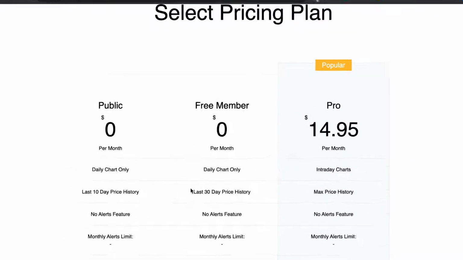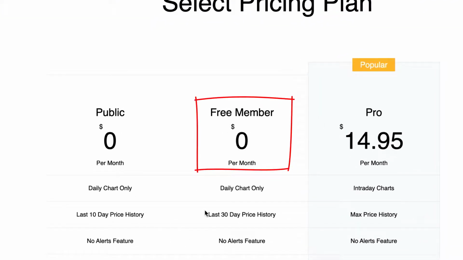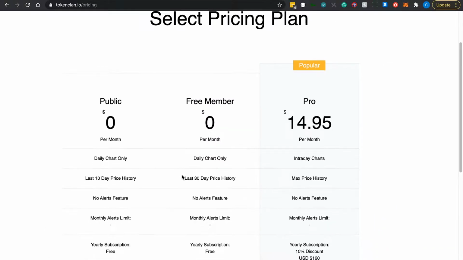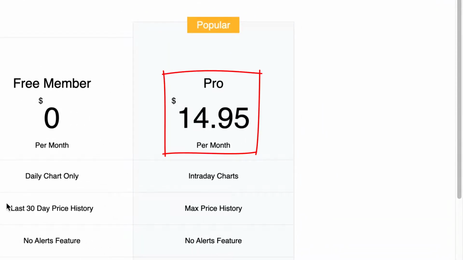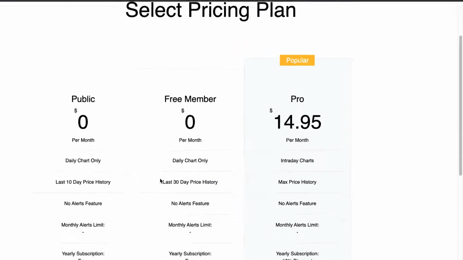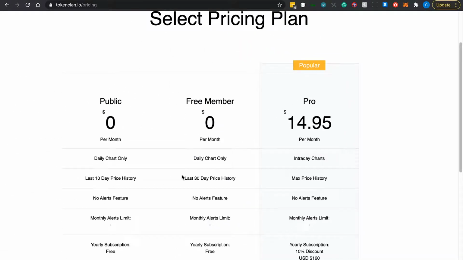If you sign up as a free member, just by signing up, no credit card, nothing involved, you will have access to the last 30 days of price history of the TVEV ratio. And if you are comfortable and want to use this TVEV ratio as an important tool in accumulating crypto exchange tokens, you can consider the pro version, where you have full access to the historical data, which has been aggregated from 2018 onwards.